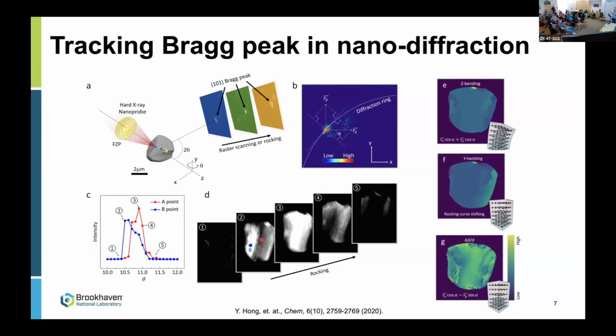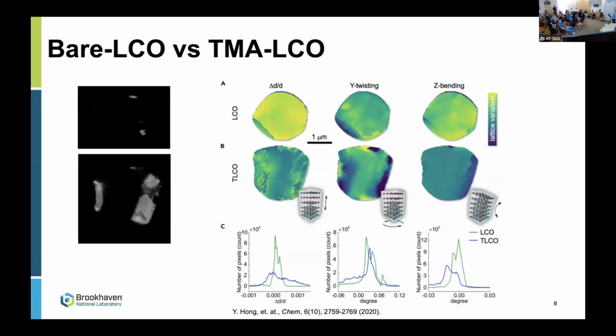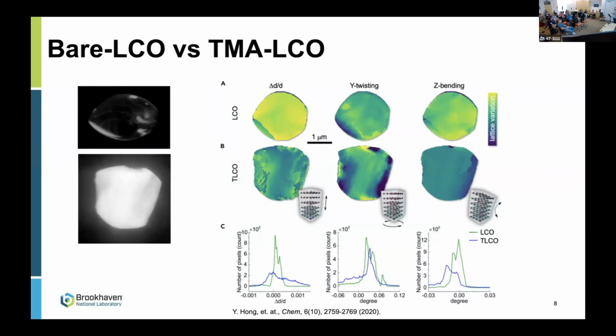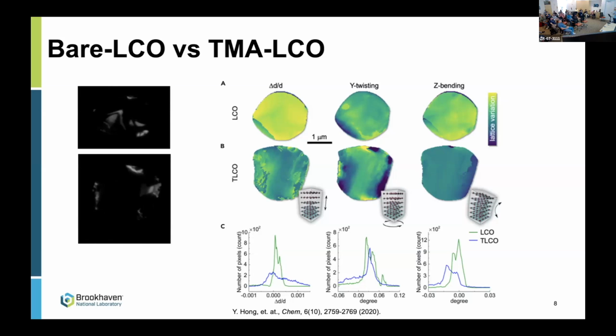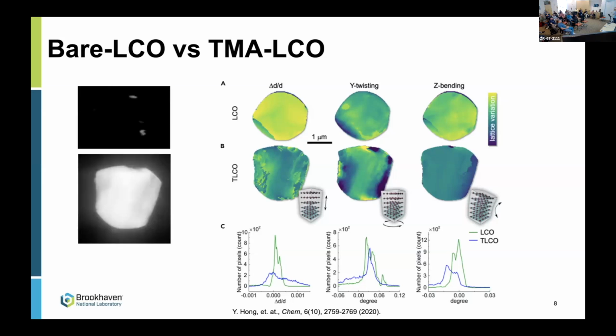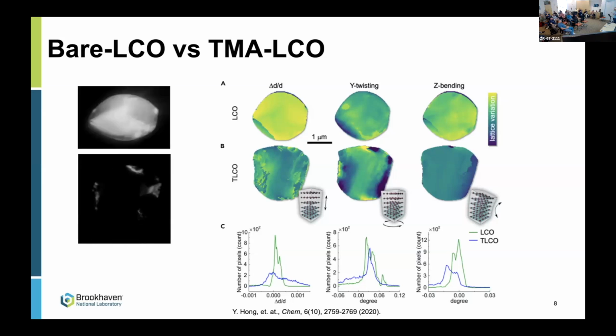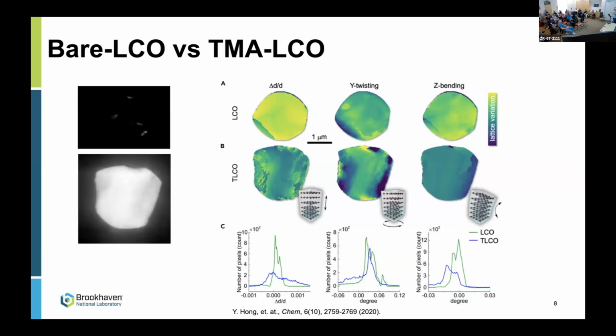So by tracking the center of mass of the 3D diffraction peak, we can obtain one D spacing map and 2 lattice bending maps from this single crystal sample. And we compared the result to a bare LCO without doping, and we noticed this doping process actually adds quite a lot more distortion to the sample system.